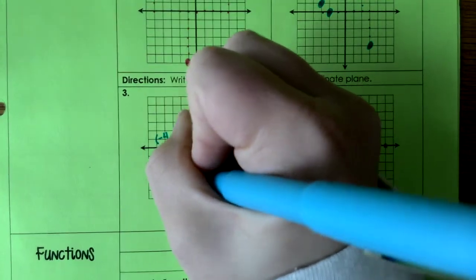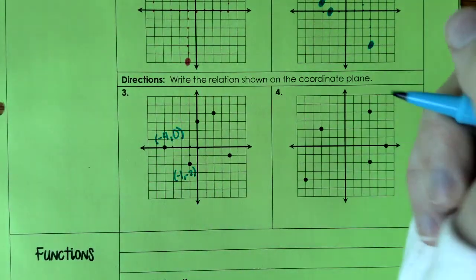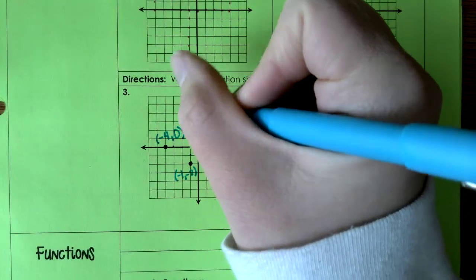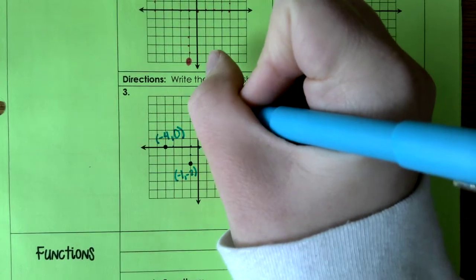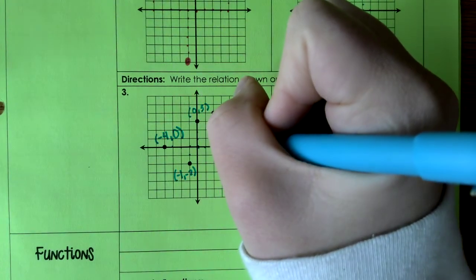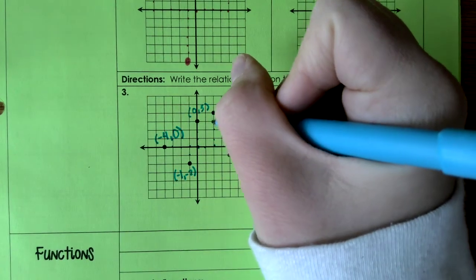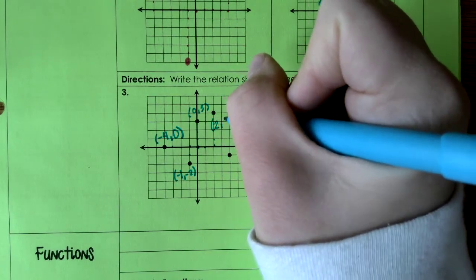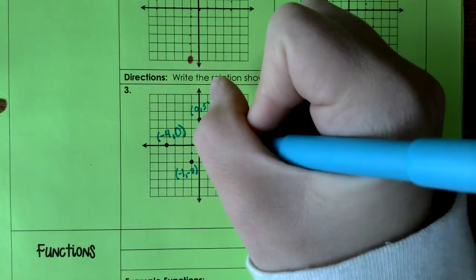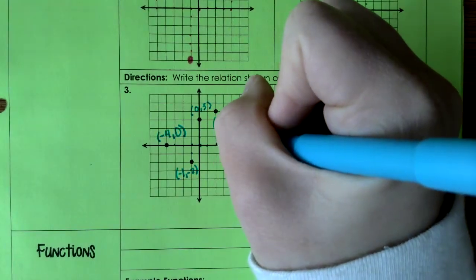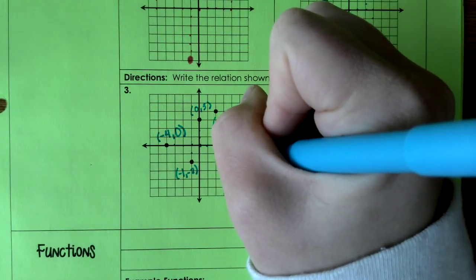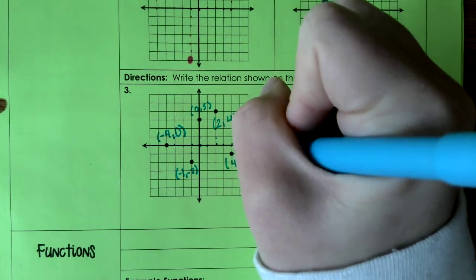So this one's (-1, -2). Now I don't move left or right at all, but I move up 1, 2, 3. So this is (0, 3). Then I move forward 1, 2, and up 1, 2, 3, 4. So this one is (2, 4). And then finally, I move forward 1, 2, 3, 4 spots, but I move down 1. So that is going to be (4, -1).